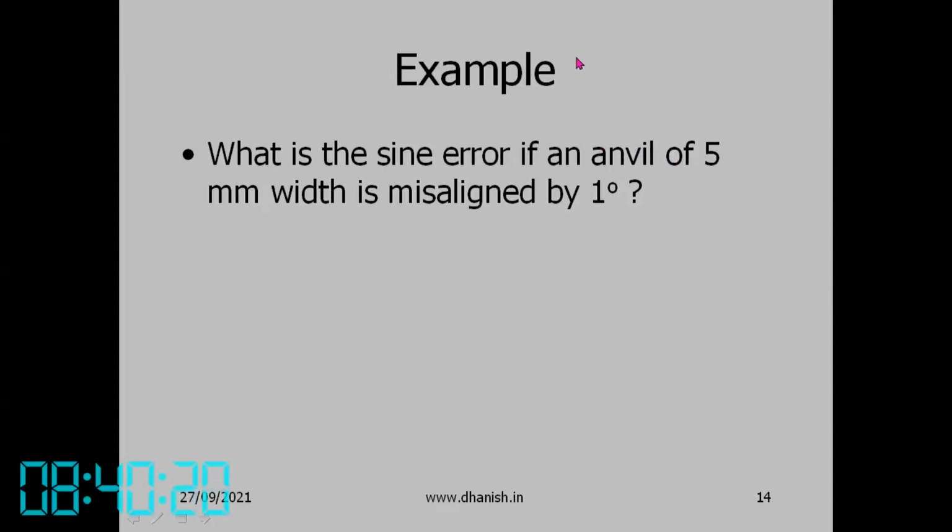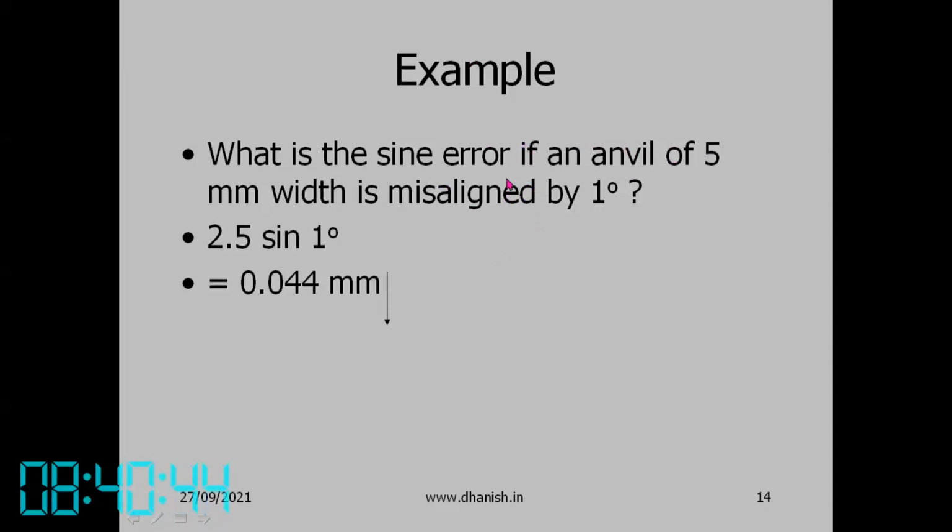The anvil size is required to estimate the sine error, and the angle of misalignment is given. From the previous formula, just substituting, it is equal to 2.5 sin 1, that is 0.044 mm.